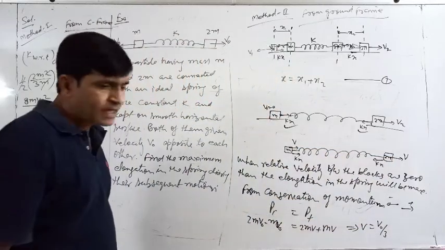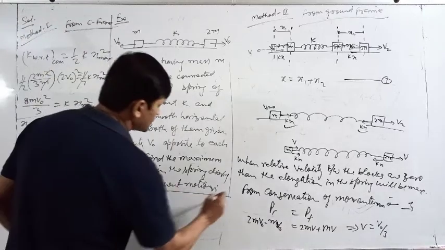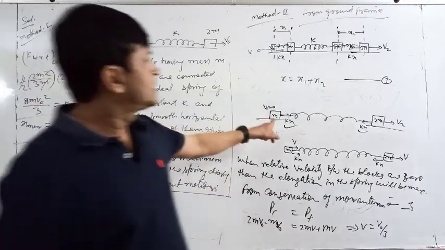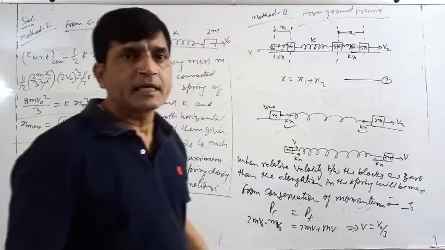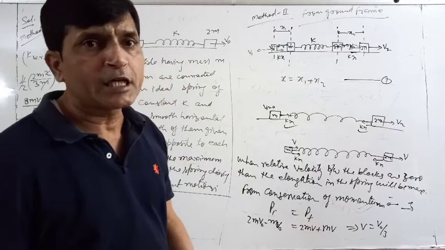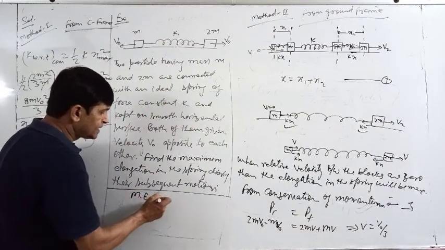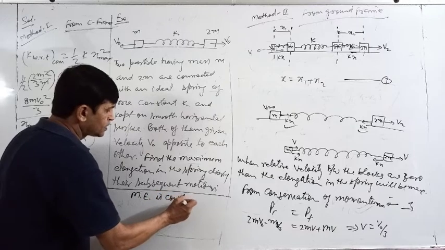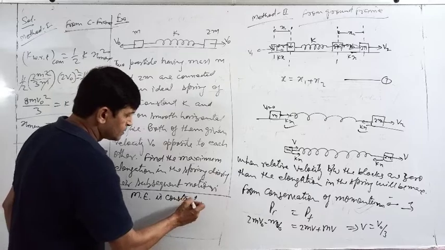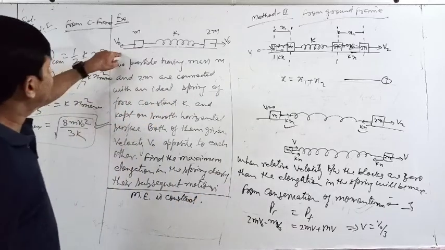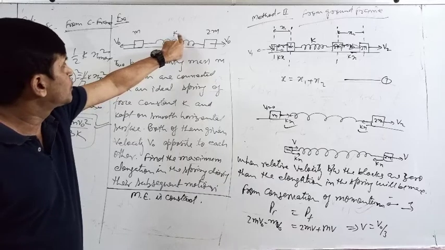Next thing we can write here by conservation of energy. Since only the spring force is there, which is a conservative force, the mechanical energy of the system is constant. Initial mechanical energy: initial spring elongation was 0, so no potential energy.